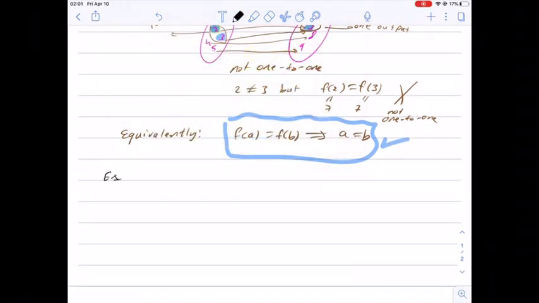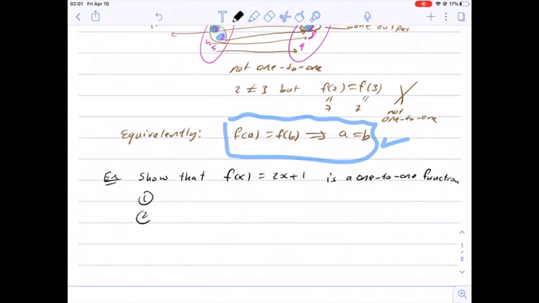Now let's take some examples. We want to show that the function f of x equals 2x plus 1 is a one-to-one function. Now, in order to do this, we want to do this example in two ways.